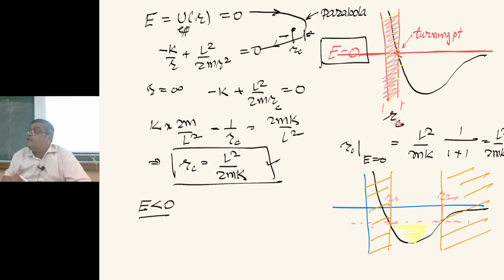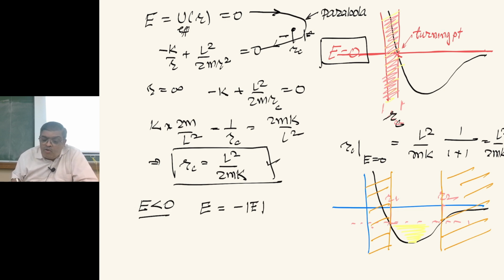When E is less than 0, there are two turning points. So let us try to see what happens. I'm going to write E as equal to minus the modulus of E. The modulus only takes the magnitude, and because it is negative, I'm going to put the negative sign explicitly.